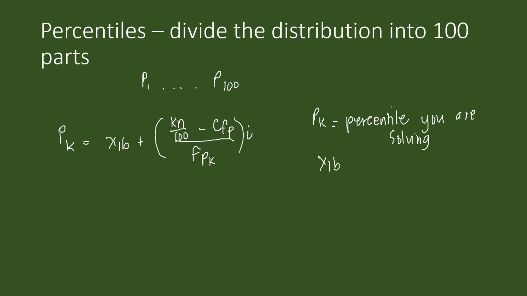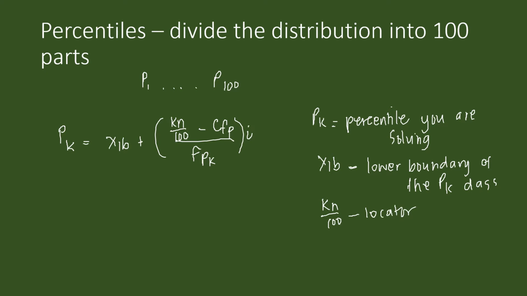Lower boundary or XLB is the lower boundary of the percentile class. Kn over 100 is the locator of the Pk class. CFP is the cumulative frequency preceding the Pk class.